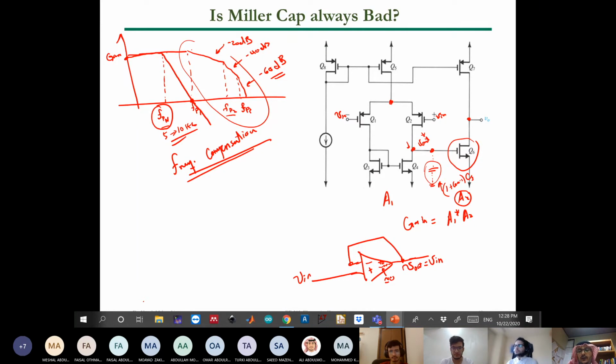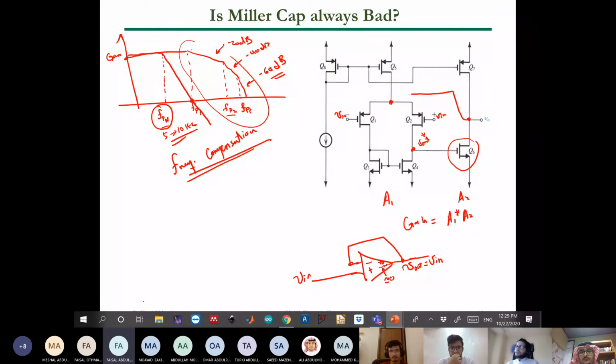Can I make the buffer here if you have this internal circuit? How can I make this one a buffer? The internal circuit, the differential amplifier with Q6 and this stuff, how can I make a buffer? Think, guys. Very easy. Can I do a common gate?